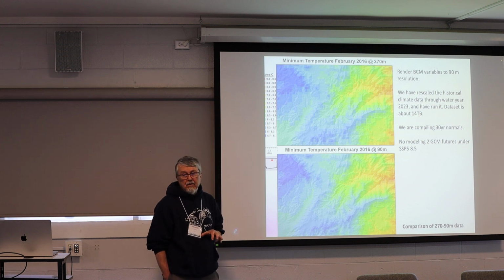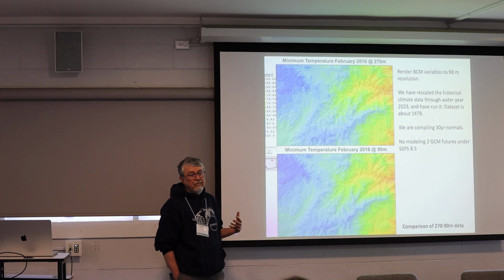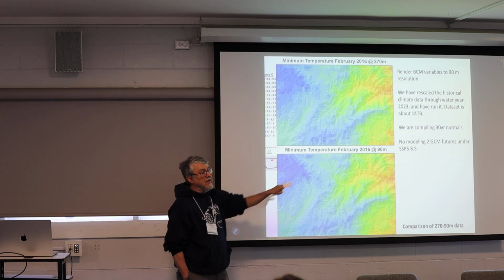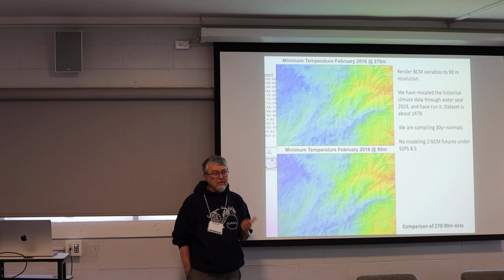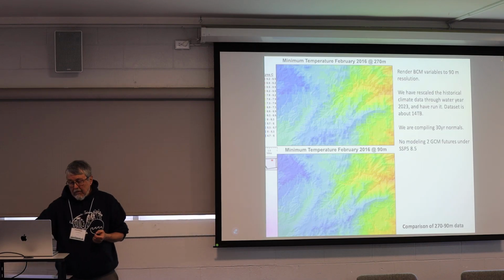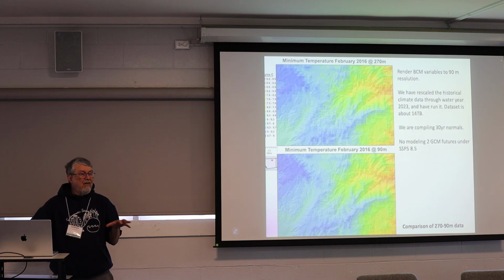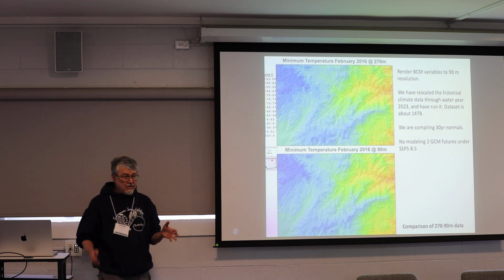So we're building a 90-meter version of all of the output variables that you saw, all of those outer boxes from the beginning, including snow and runoff, recharge, PET, AET, and CWD, at 90 meters. We've got that now from 1900 to, I think, 2024. It's about 14 terabytes of data, and so reducing that down into either 30-year normals or whatever type of sampling.